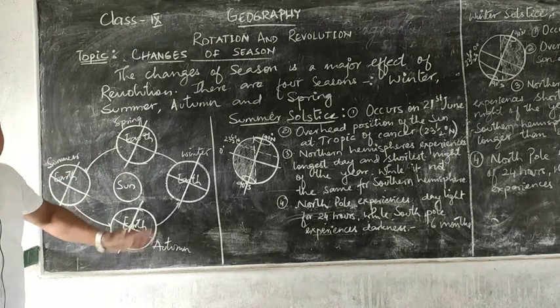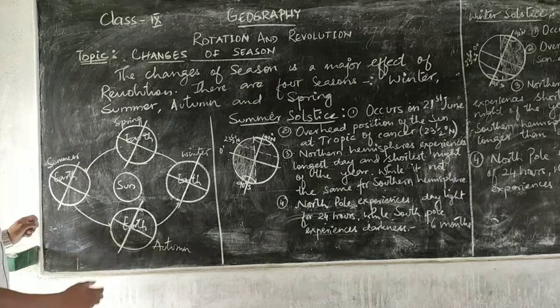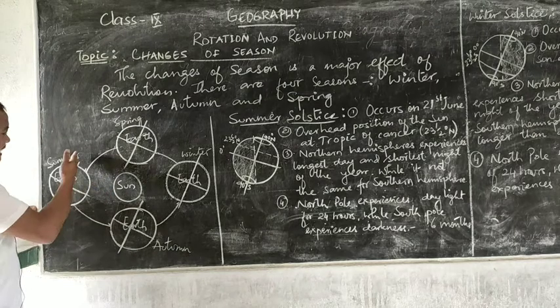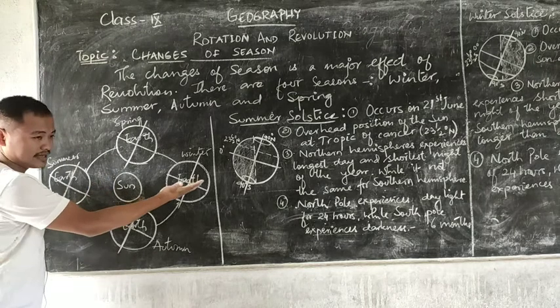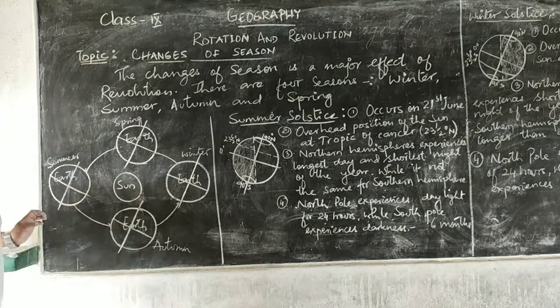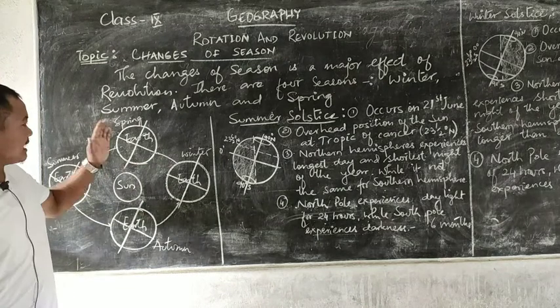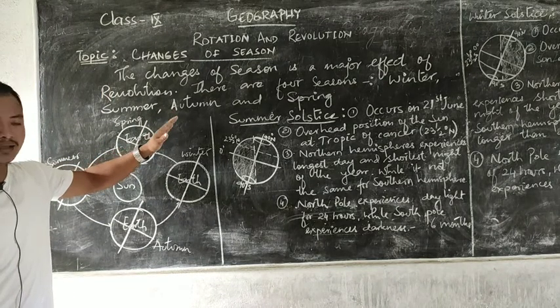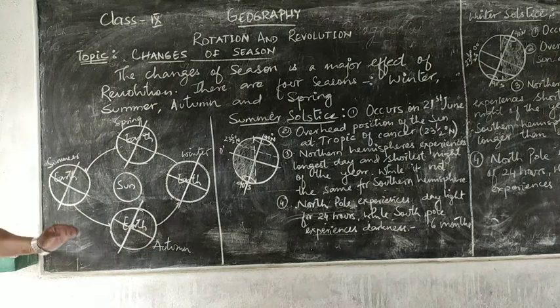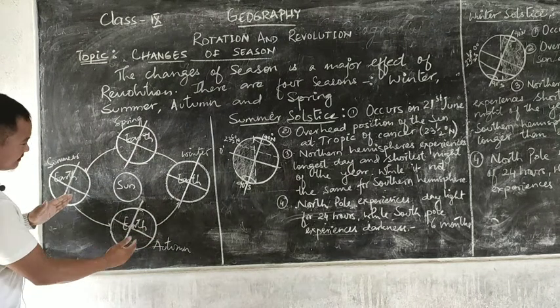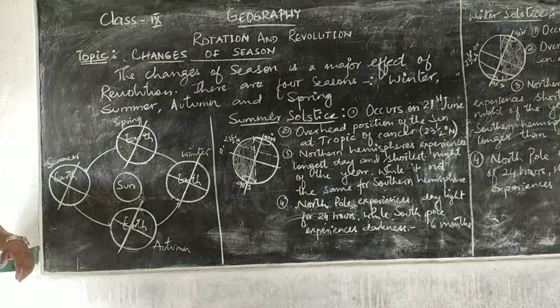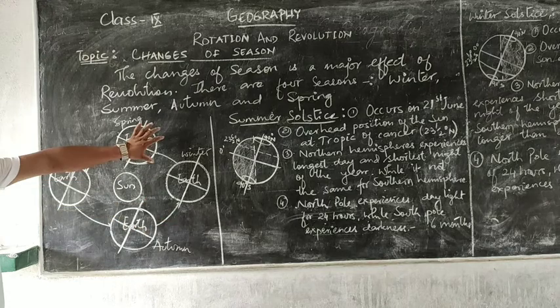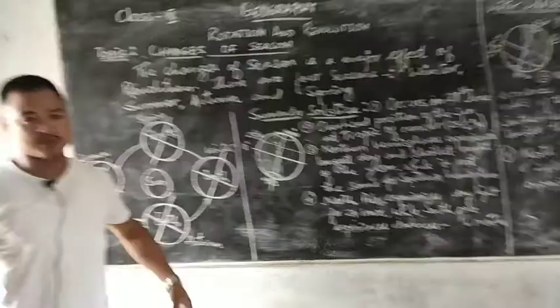While we draw this diagram, we also need to understand that the axis is inclined towards the same direction. The axis does not change direction. It has to remain inclined towards the same direction, and this is what we call parallelism of axis. That means the axes should stand parallel to each other while the earth is positioned at different locations in respect to the sun.